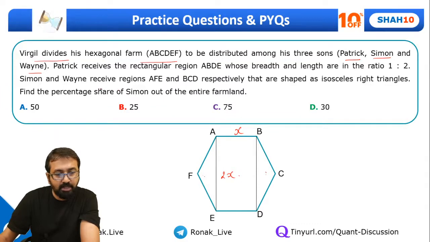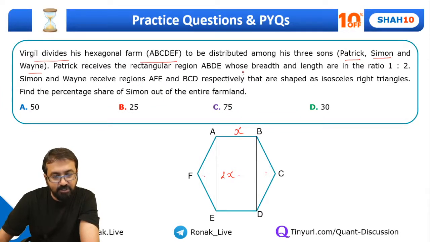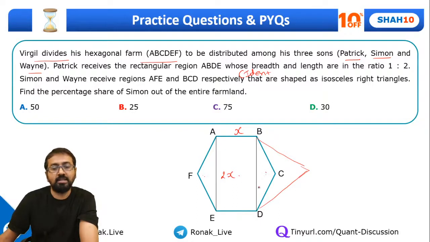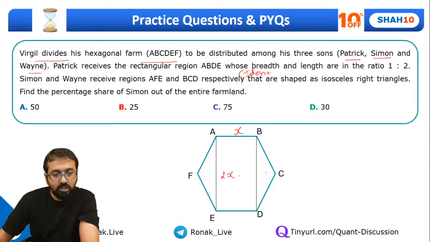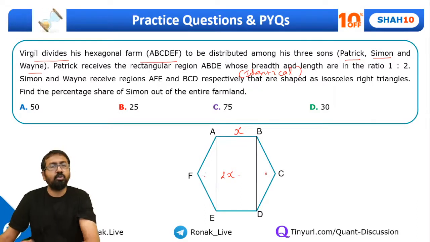So here it should be mentioned that Simon and Wayne receive regions which are identical. It has to be mentioned, because this figure can also be like this, right? It can also be like this. So this is also an isosceles triangle, so you can't find out in that case. So it has to be mentioned that they are identical. Let's do it that way, that these two are identical.